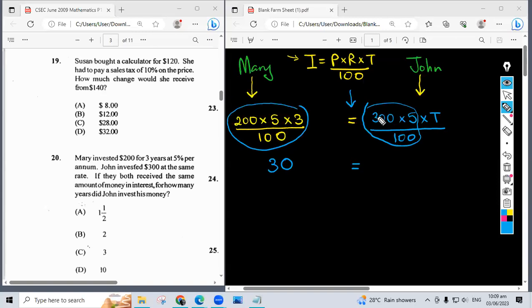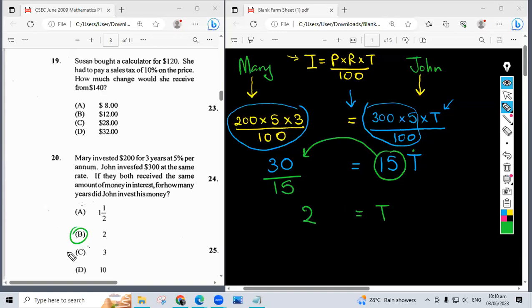Let's work out 300 by 5 divided by 100 and then put back the letter T. I am getting 15, and don't forget to put T. You are trying to solve for T. This 15 is a multiply. Throw it across, you get a divide. 2 is the answer. So the answer is B.